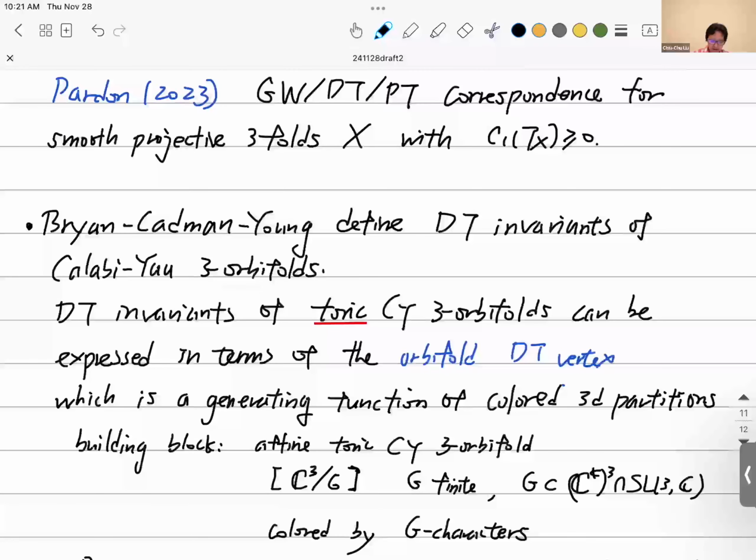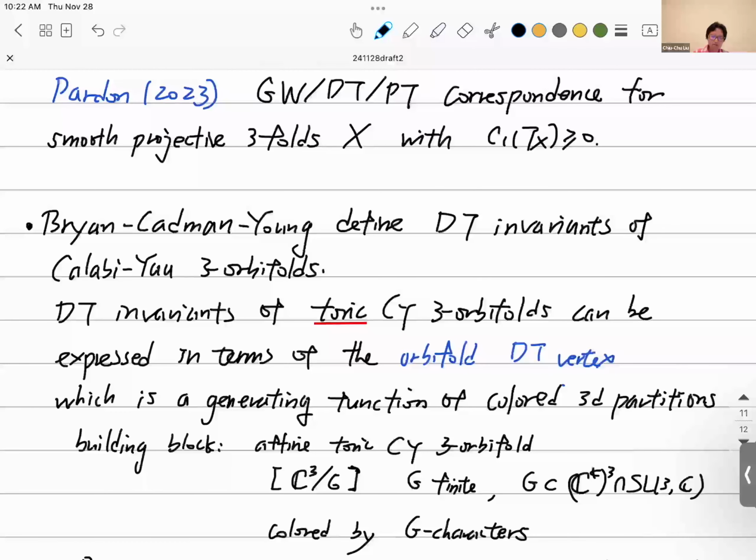More precisely, a toric Calabi-Yau 3-fold can be obtained by gluing C^3 charts. So the building block of DT invariants of a toric Calabi-Yau 3-fold is the DT invariants of C^3.